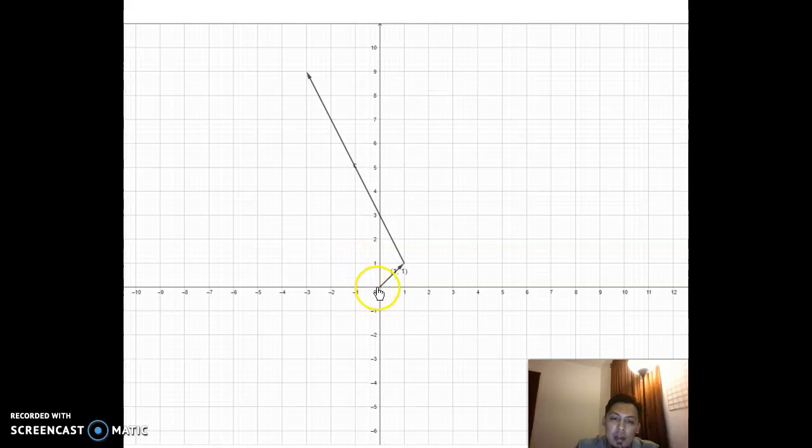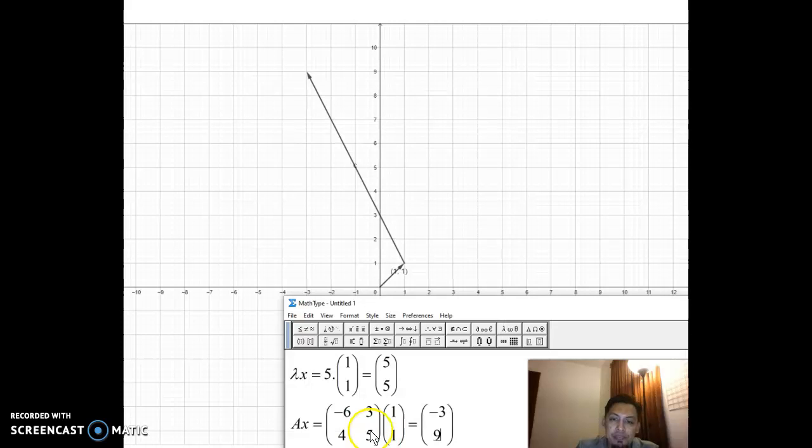So this is the original line. When I multiply my matrix to this vector, it gives me this line, which is not along the same line. So this should not be the eigenvector for this matrix. I hope you get the idea. We want to find a vector that, when multiplied with our matrix, will just expand this line straight up ahead, not a line that is tilted like this, rotating.